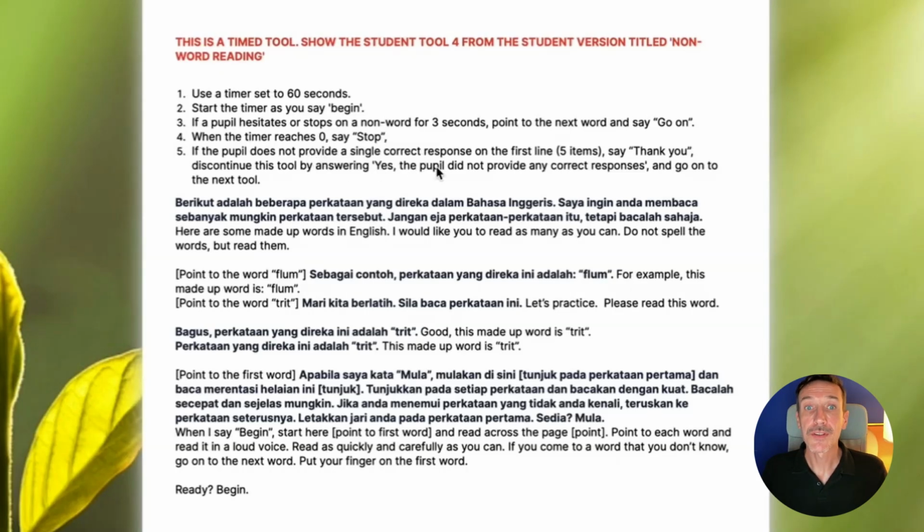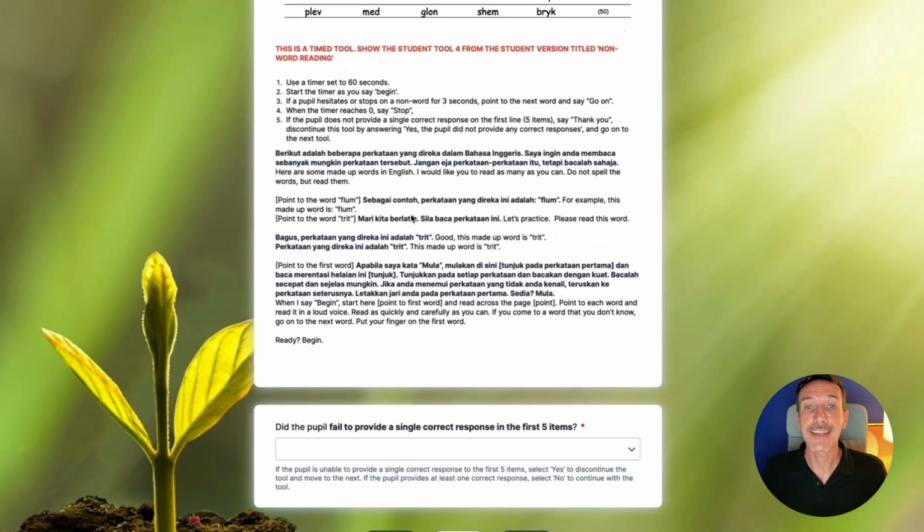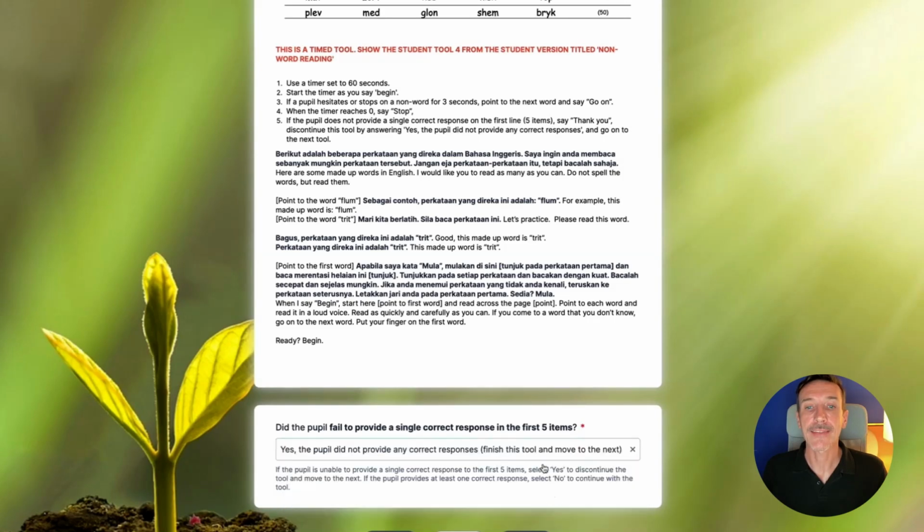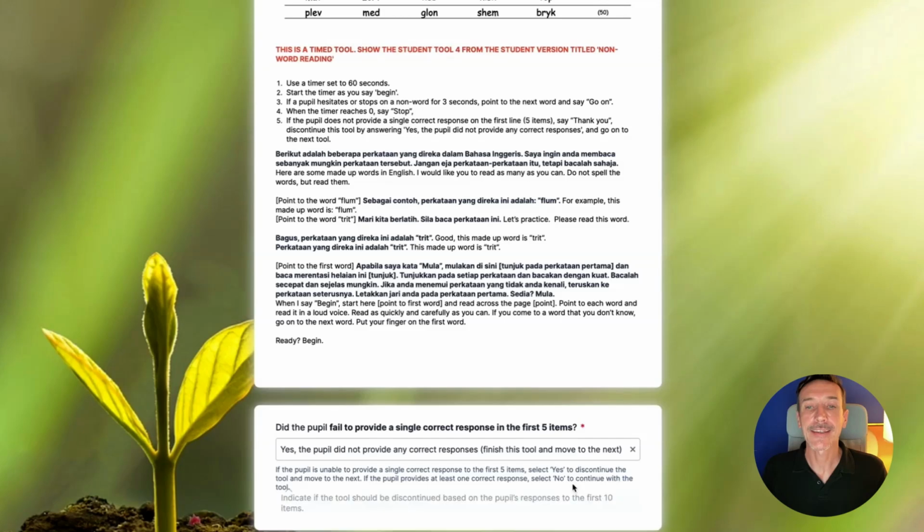If a pupil does not provide a single correct response on the first line, say thank you and discontinue this tool by answering yes. The pupil did not provide any correct responses. Finish this tool and move to the next. Select that and click next.